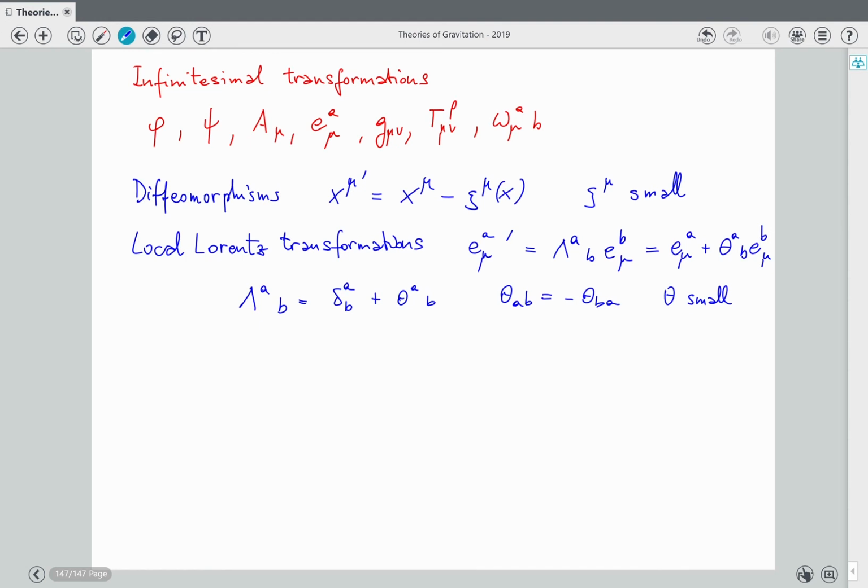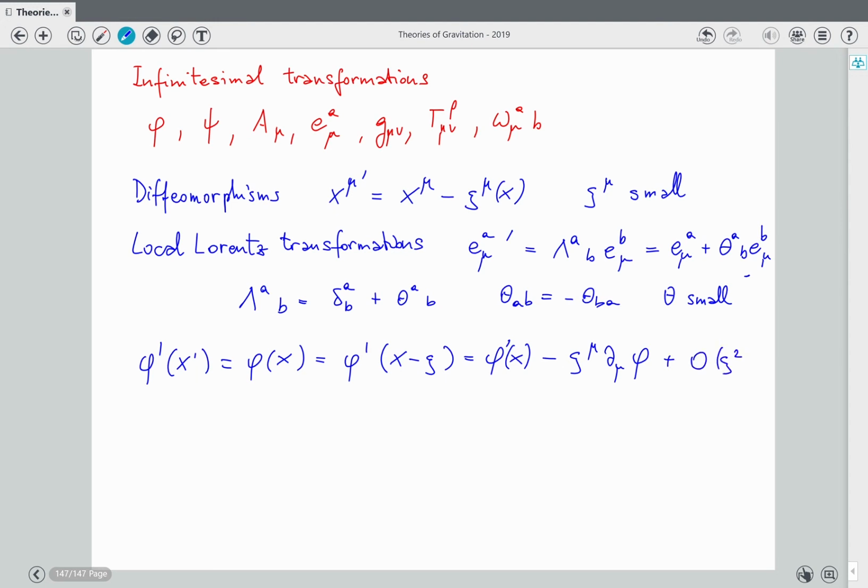We already know about the transformation of a scalar. I guess we studied it already, but let's do it again. When you expand phi prime of x minus xi, you have phi prime of x minus xi mu partial mu phi, and phi prime is the same up to higher orders.